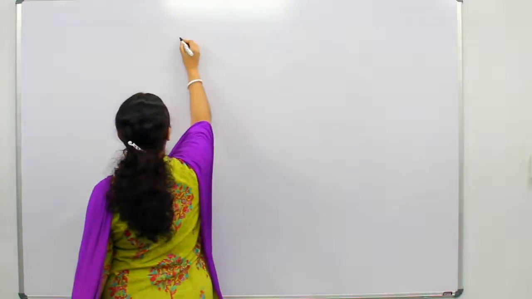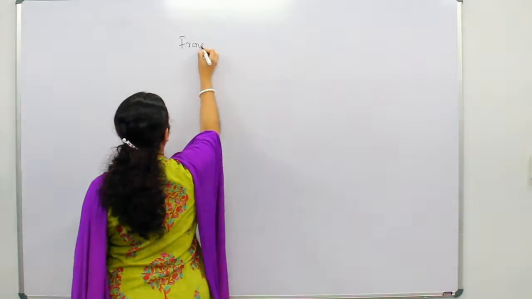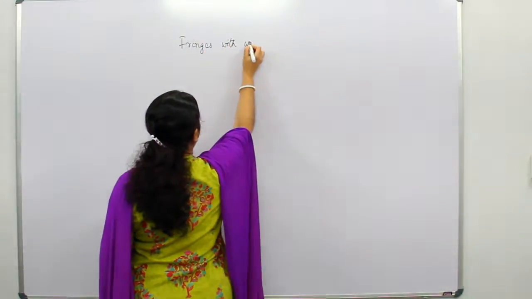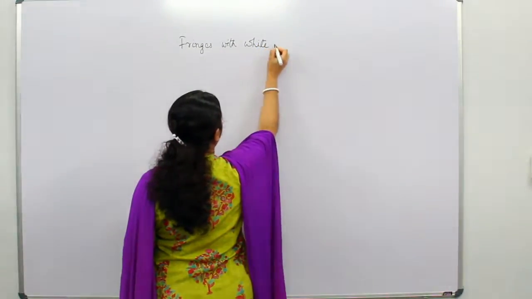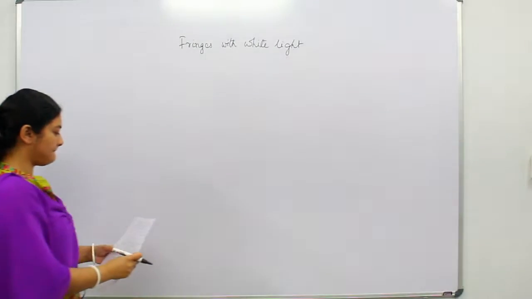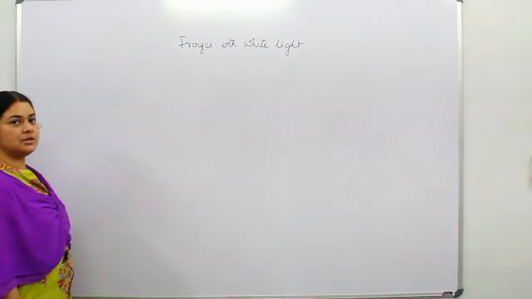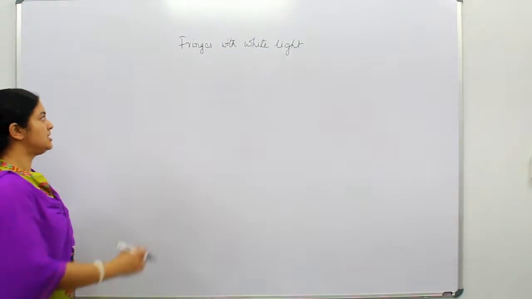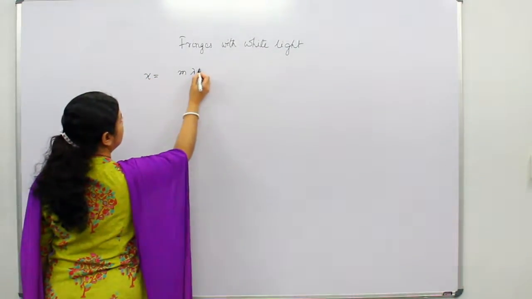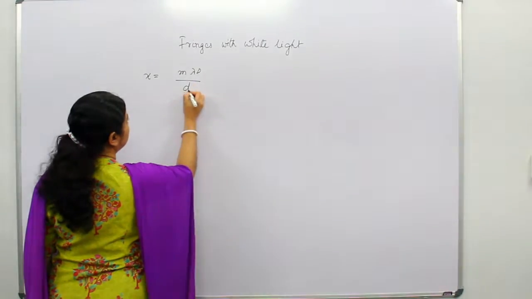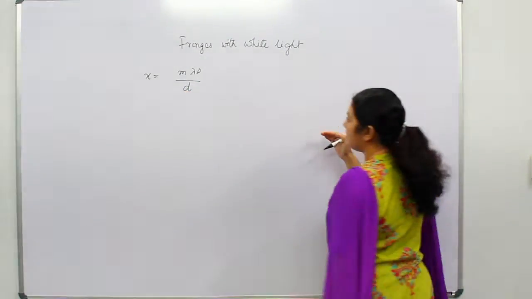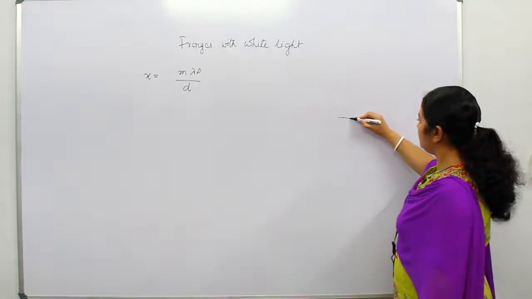Fringes with white light. Now the position of bright fringe is given by this, where x is the position.